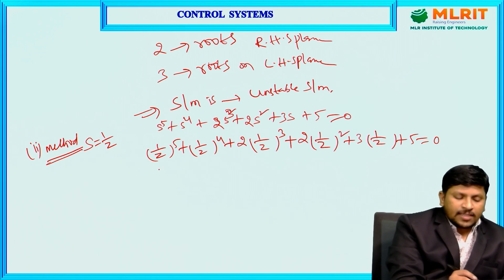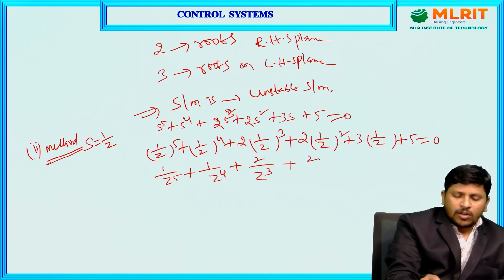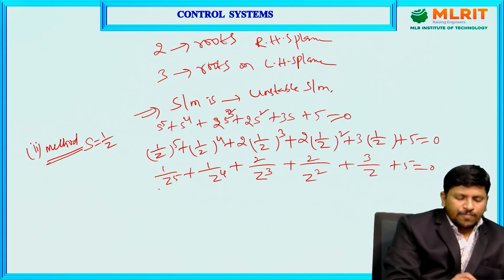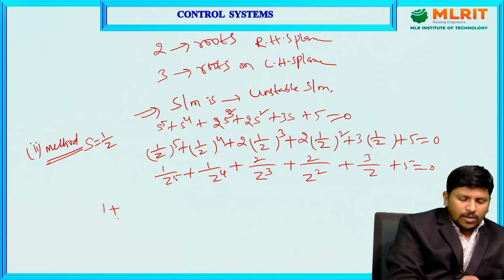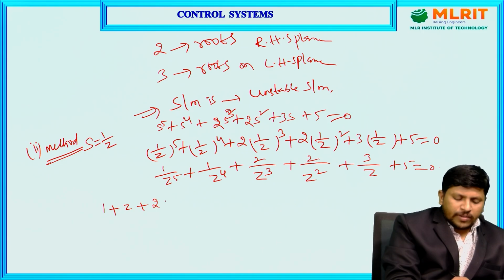See here, take the LCM, Z power of 5. So here already 1 is there, so 1 plus Z power of 4, then Z, plus 2Z cube, 2Z square, and so on.